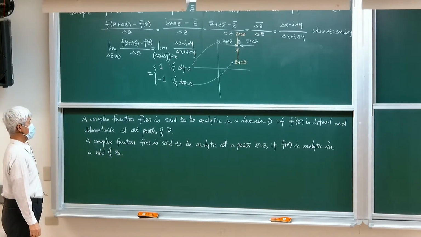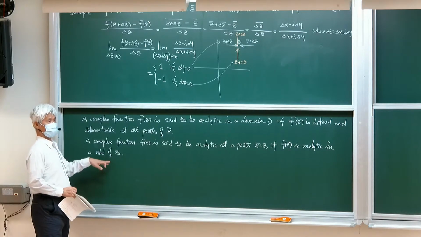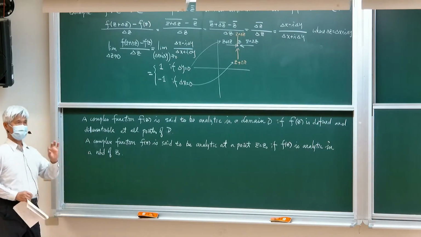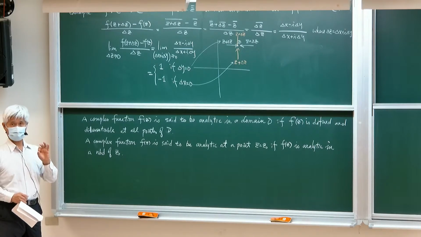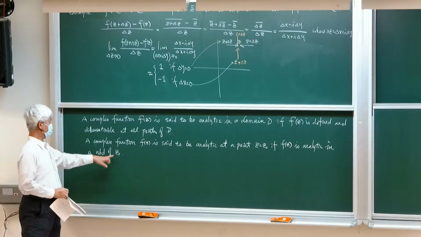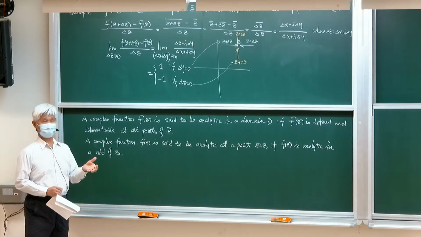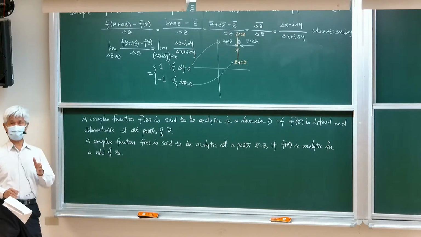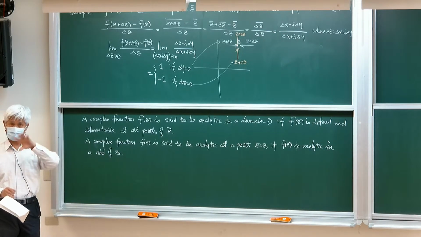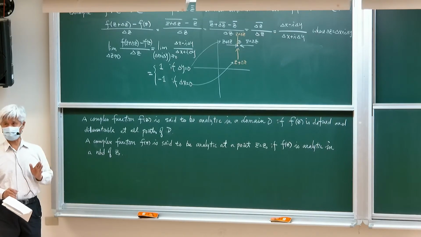As we know, a neighborhood of z0 is actually an open disk with center z0 and a certain radius r, right? So a neighborhood of z0 is a domain. It's a special kind of domain because it is an open connected subset.